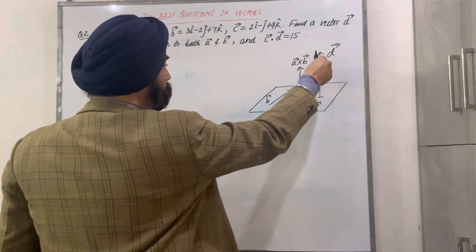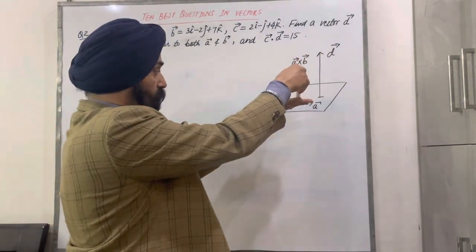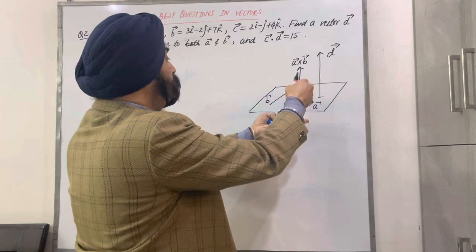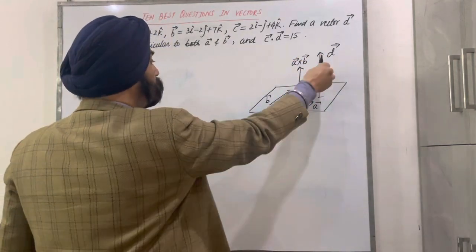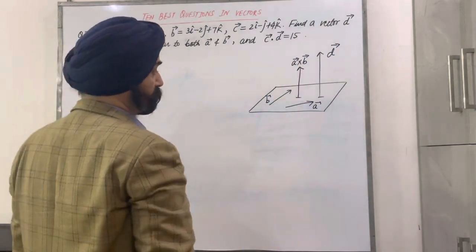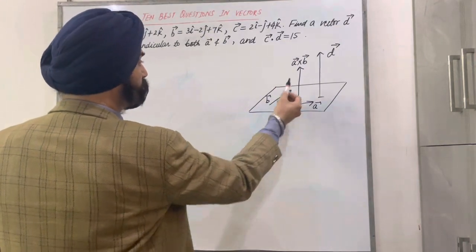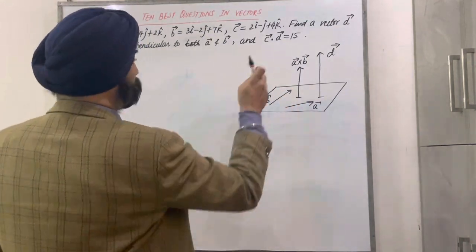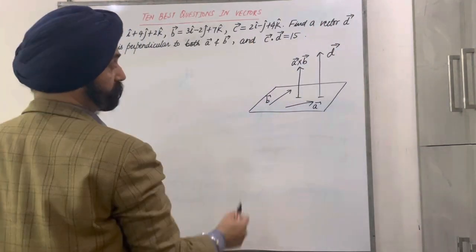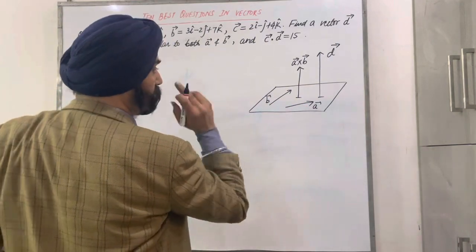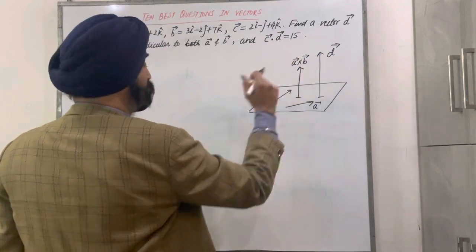So this D is perpendicular to vector A because this vector D is perpendicular to the surface containing A and B. So if I shift this vector D anywhere in the surface, it will be perpendicular to A, it will also be perpendicular to B. Now, once we have obtained A cross B, and they are demanding to find a vector D which is perpendicular to both A and B, if I go for A cross B, you will observe from the figure that vector D is coming out to be parallel to A cross B.